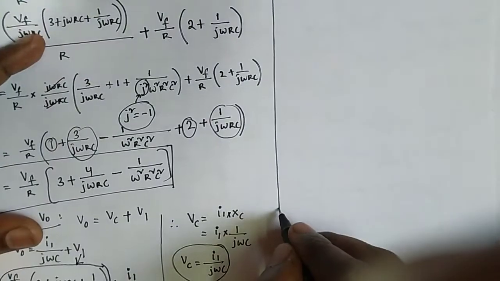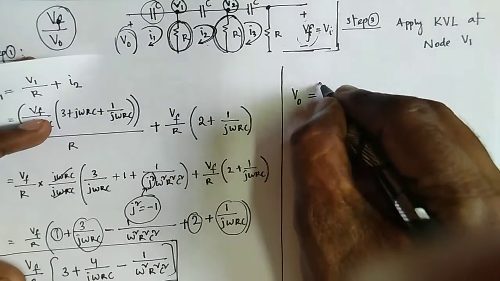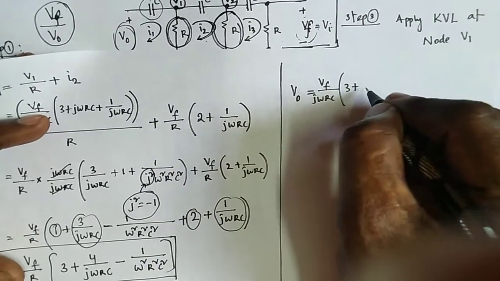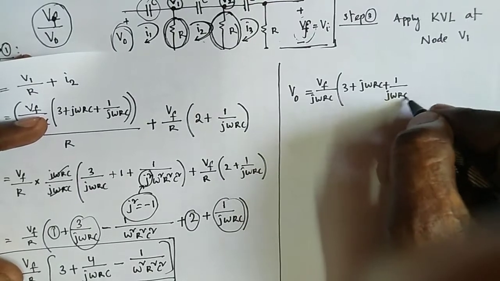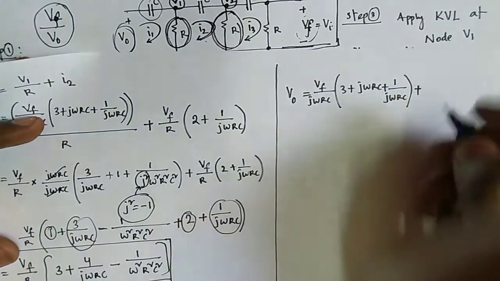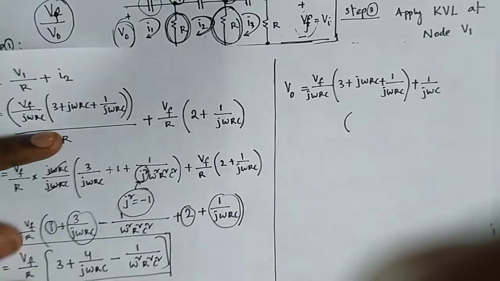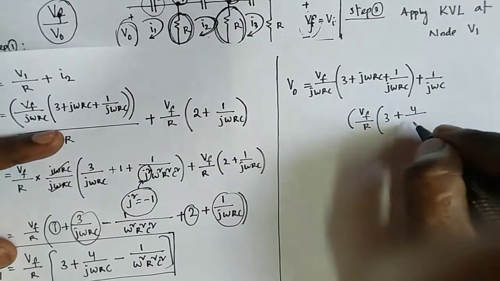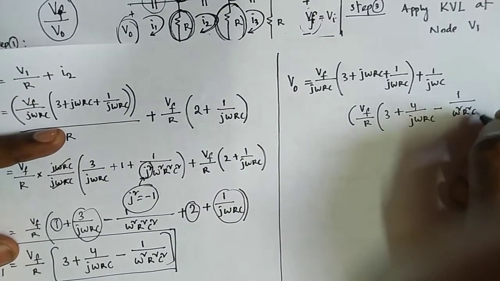Now V0 is equal to the same function, that is Vf by j omega Rc into 3 plus j omega Rc plus 1 by j omega Rc, where the I1 value is 1 by j omega c into the I1 function, which is Vf by R into 3 plus 4 by j omega Rc minus 1 by omega square R square c square.